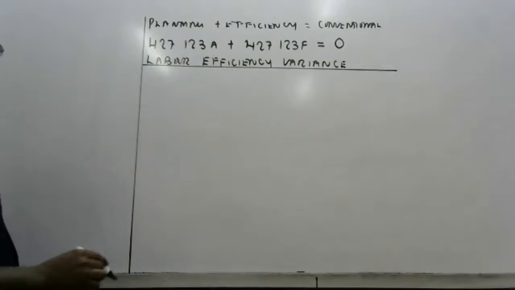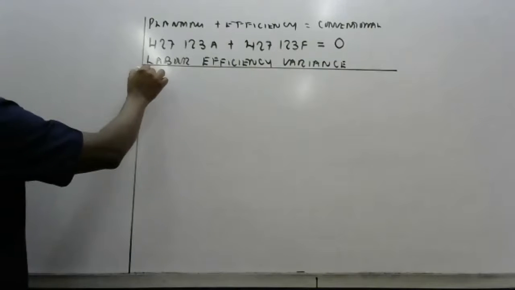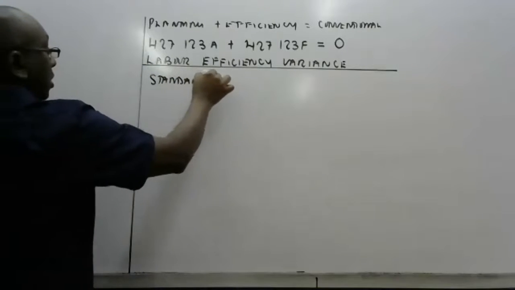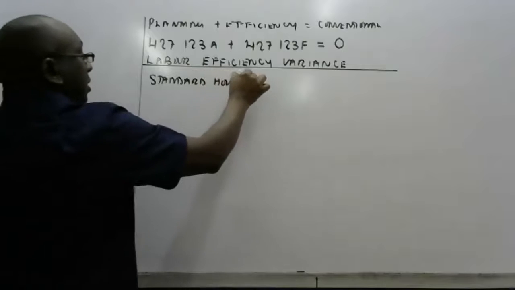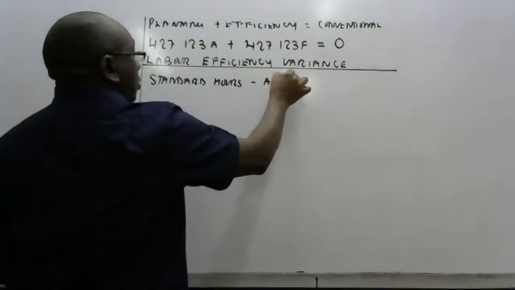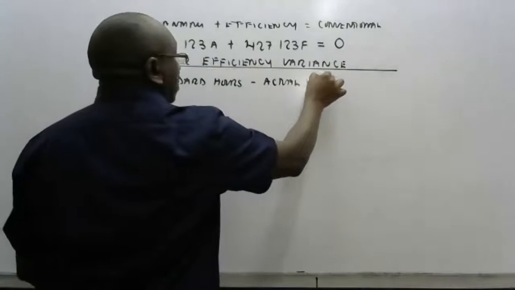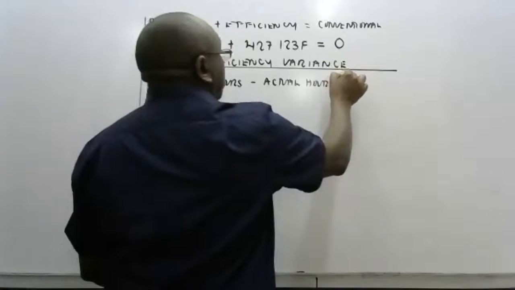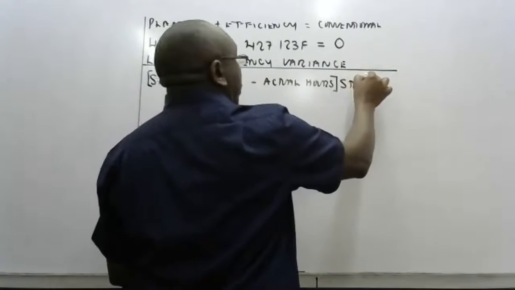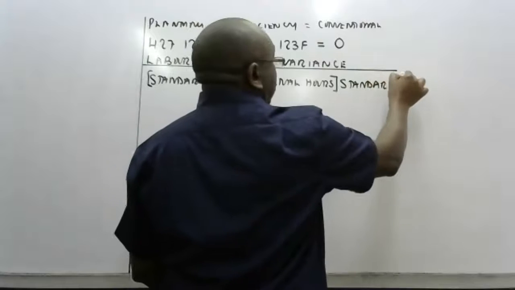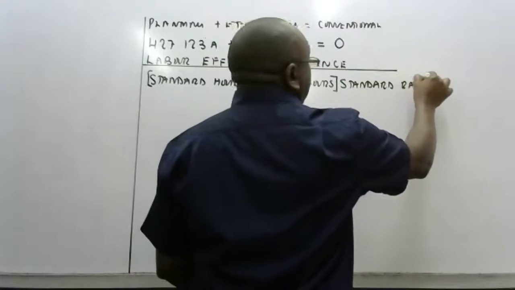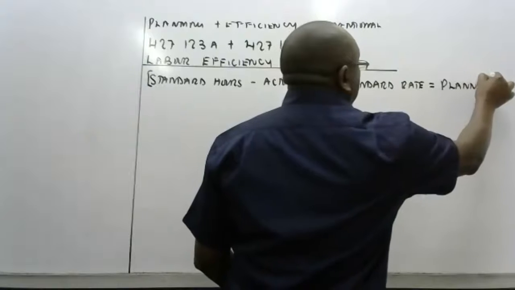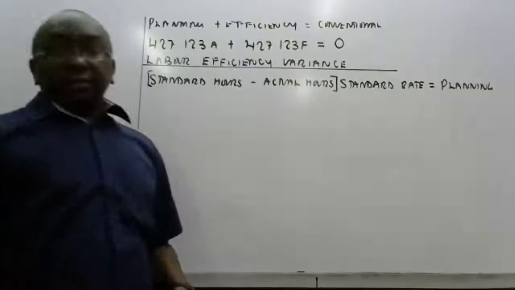For the labor efficiency, we will start with the standard hours minus actual hours. Closing with brackets, you multiply by standard rate. That should give you the planning.